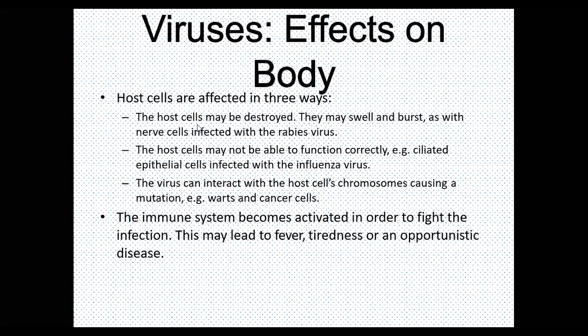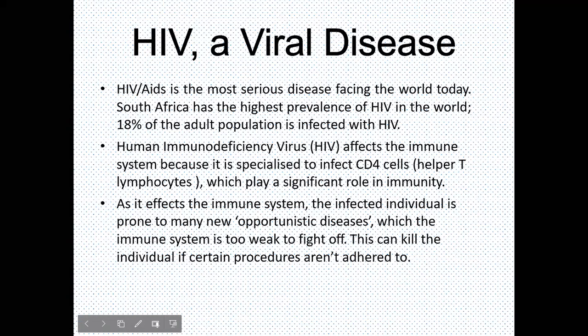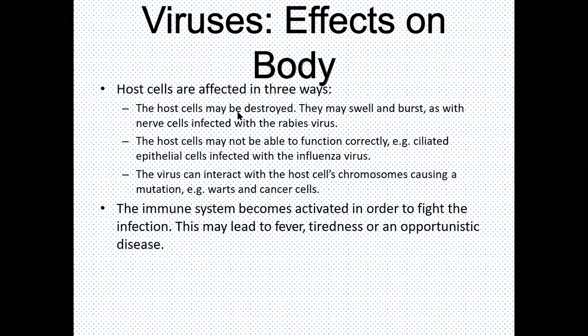One effect of virus is destruction of cell. Infected cells are destroyed. They may swell and burst, as with nerve cells infected with the rabies virus. Another effect of the virus in the body: cells may not be able to function correctly.